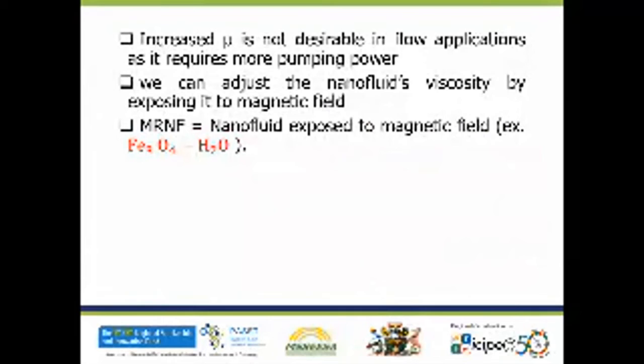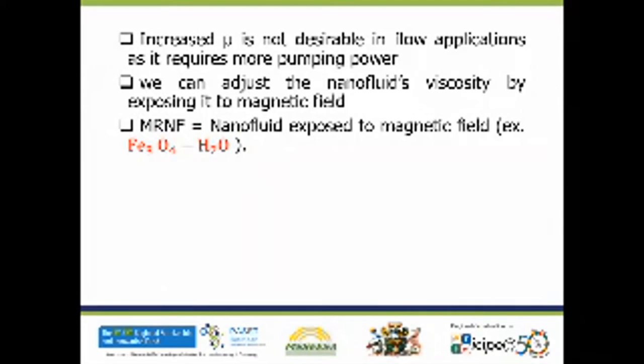Here in my application, I need less viscosity. So how to reduce the viscosity while keeping the thermal conductivity as it is or high?